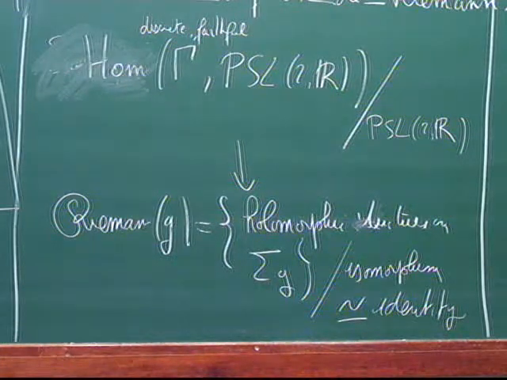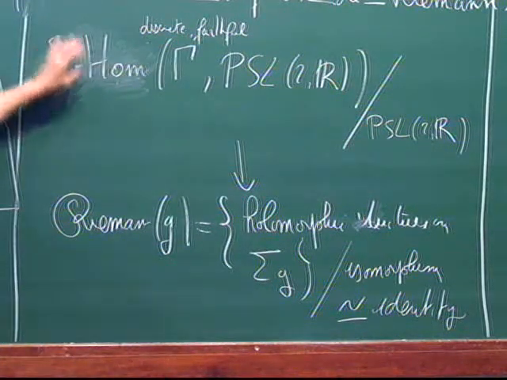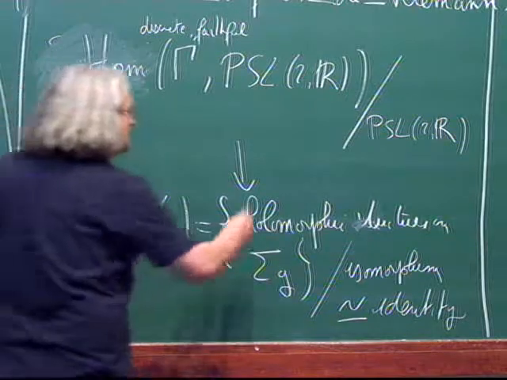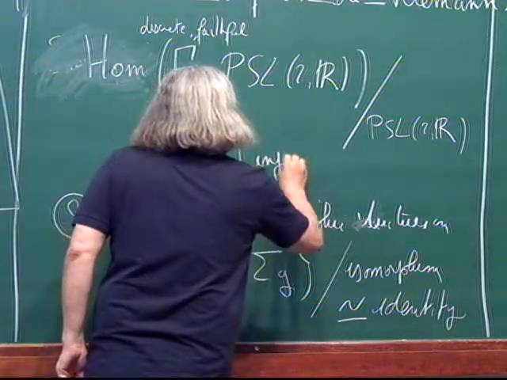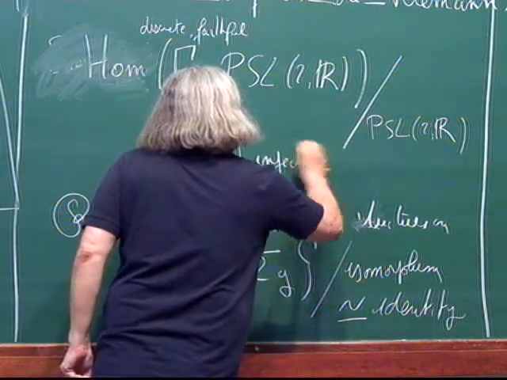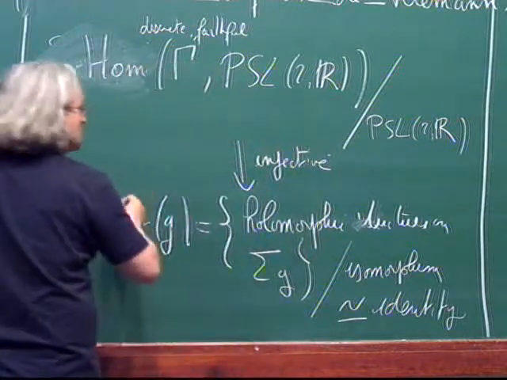So we described the map from this set to this set. We showed that this map is injective. And the idea is to show that it is bijective.